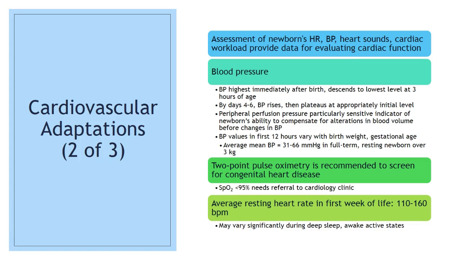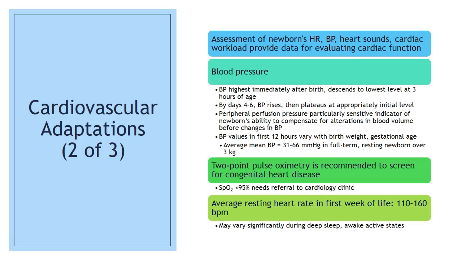Values in the first 12 hours will vary based on birth weight and gestational age. A good rule of thumb is that their mean arterial pressure should be equal to or very close to their gestational age.